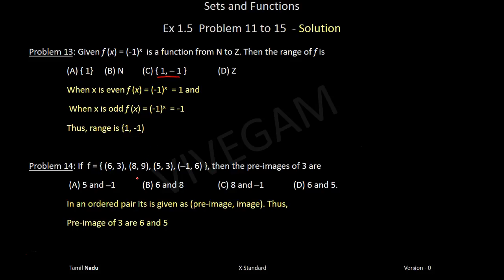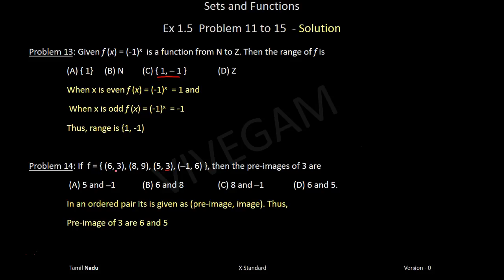Right? Then if the ordered pairs of a function are (6, 3), (8, 9), (5, 3), (-1, 6), then what are the pre-images of 3? It's always pre-image, image, pre-image, image. That's the order, right? So what is the pre-image of 3? In this case, it is 5.